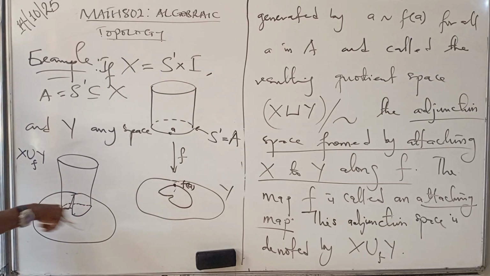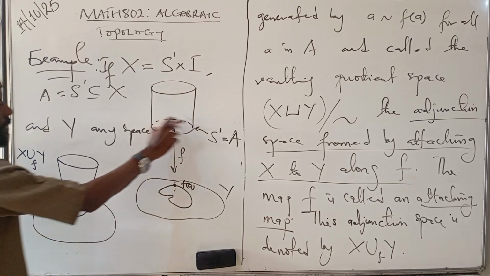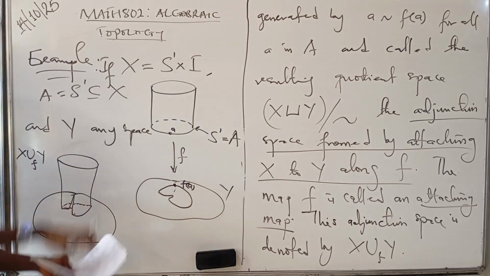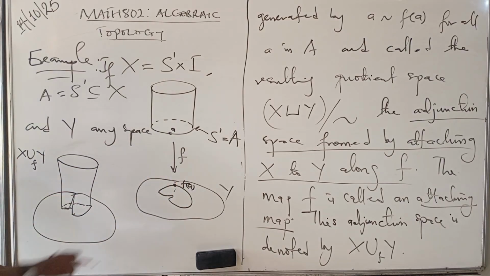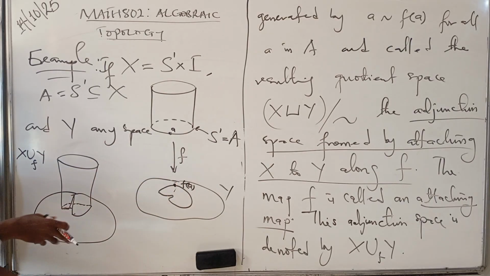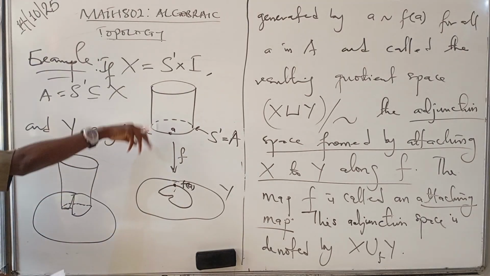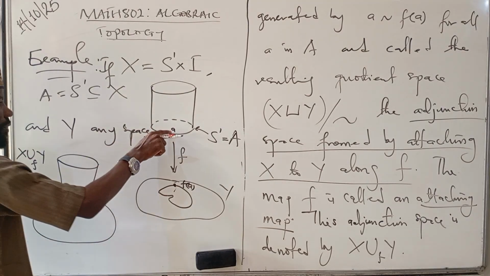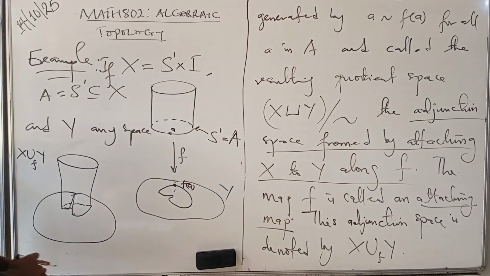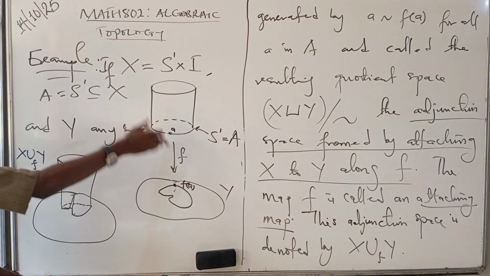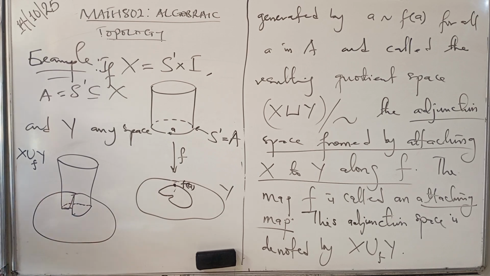So you attach that edge, but it doesn't have to come as a cycle, because the image may not necessarily be a cycle there, but whatever it is, it is going to be a closed subset of Y, so you can attach it. So points here will be identified with the points in Y that are their images. So this is the resulting space, and this will be the space you obtain.